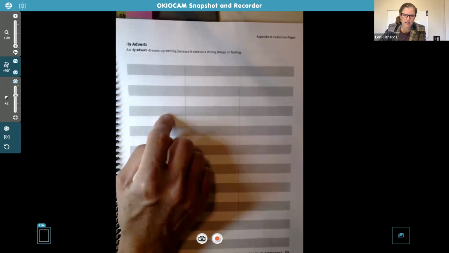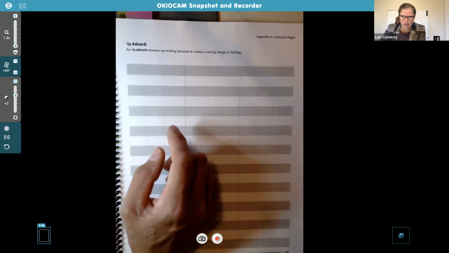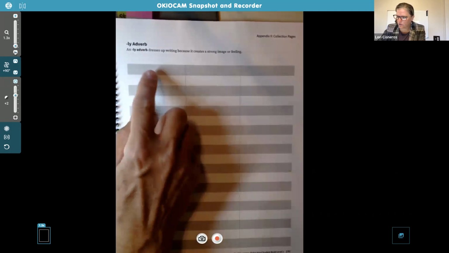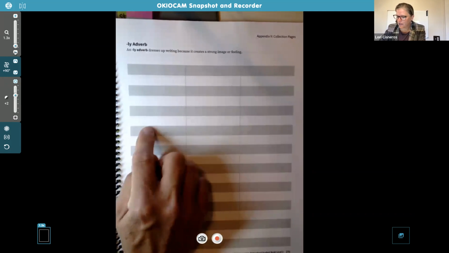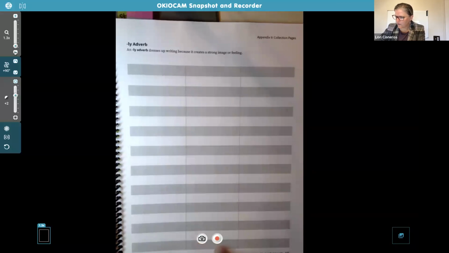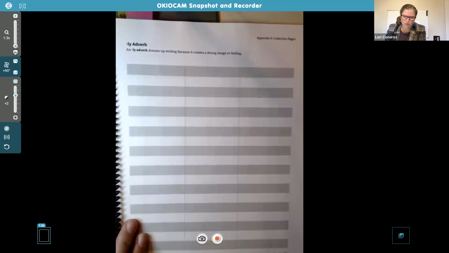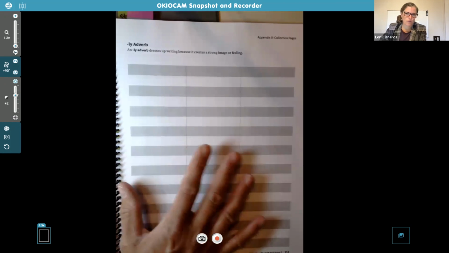It's basically dividing it up for you. Just make a big list here and go down this row and this row of your ly adverbs. The reason they're suggesting you do this is because that is something you're going to be adding to your writing from now on. And it's nice to just have it in one place.